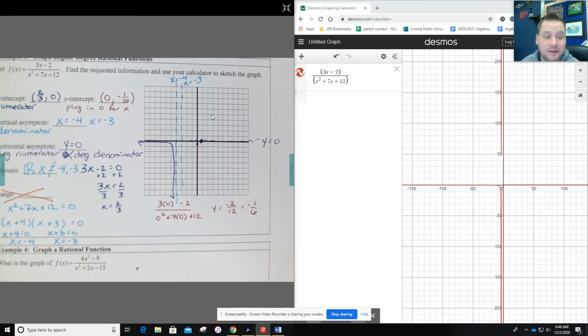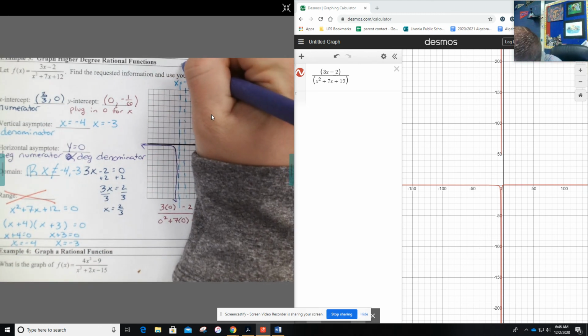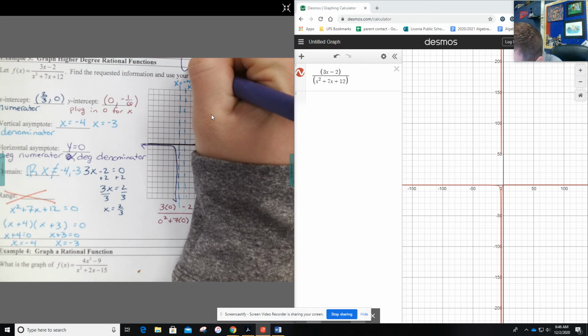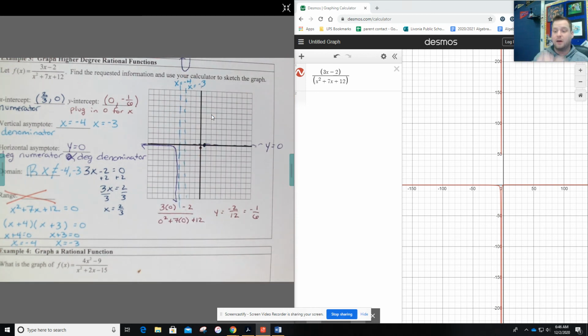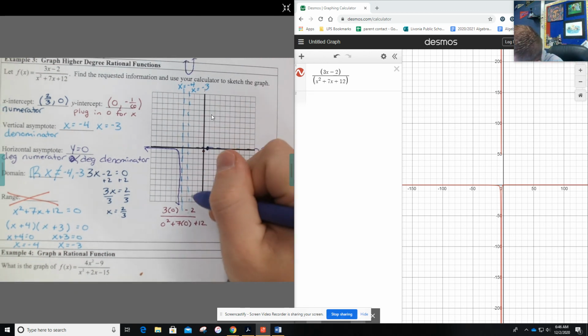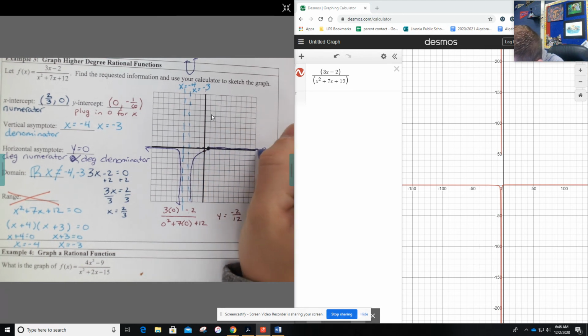Okay, so I got my left-hand side taken care of. My middle, I got it way up there at 50, but it's just a line going up in the middle. Somewhere way up there. And it's not a line, it's a parabola going up in the middle. And then for my right-hand side, we're coming up the asymptote. And then we are passing through this point, and then we're going right down it.